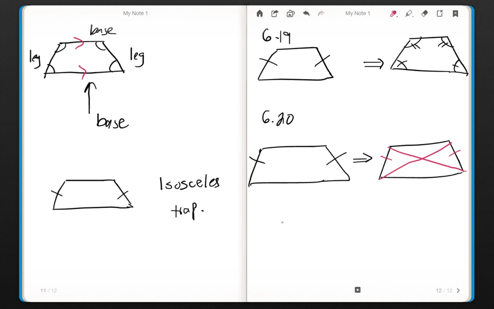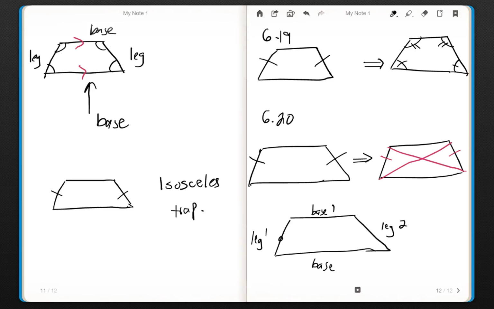Now before we look at the next theorem, we have to identify what it means to be the midsegment of a trapezoid. And it's not terribly difficult to see what we mean by that. So we first build our trapezoid. If you look at the two legs, remember these are our bases. This is base 1, and this is base 2. This is leg 1, and this is leg 2.